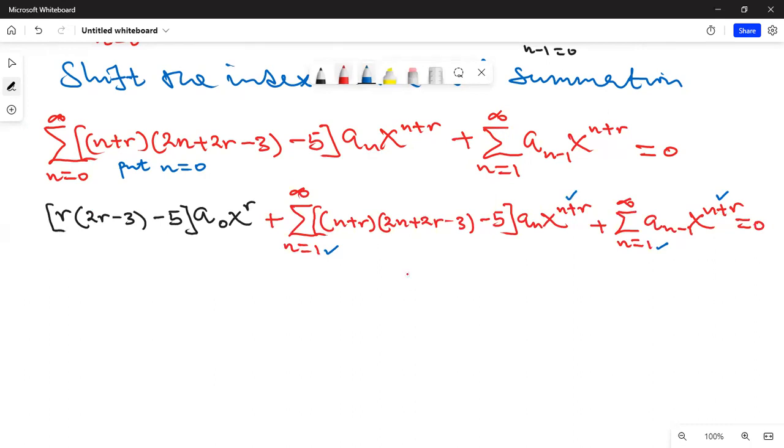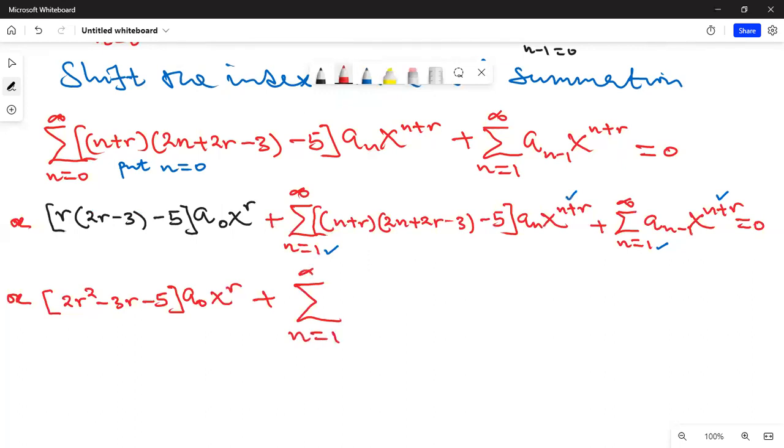So when I combine these, this you could write as 2r squared minus 3r minus 5 times a naught times x raised to r, then plus the sum from n equals 1 to infinity. We are now adding them, combining them.